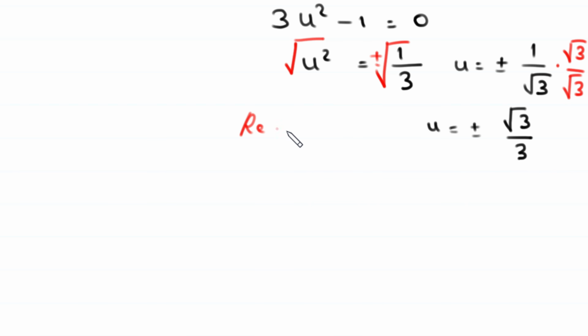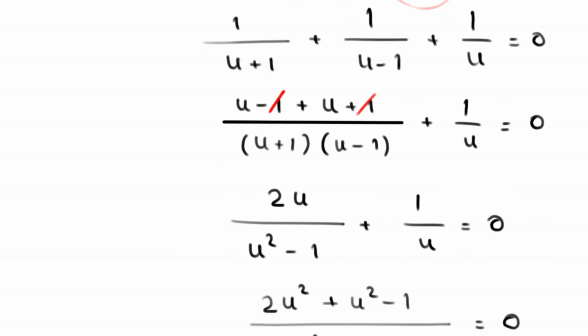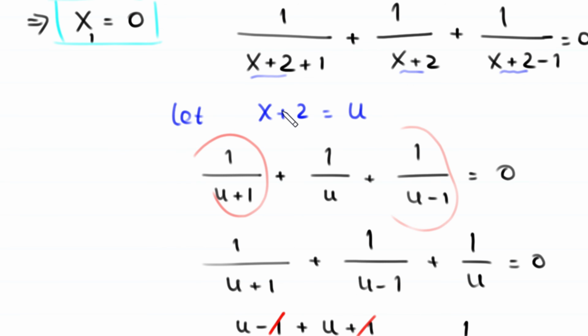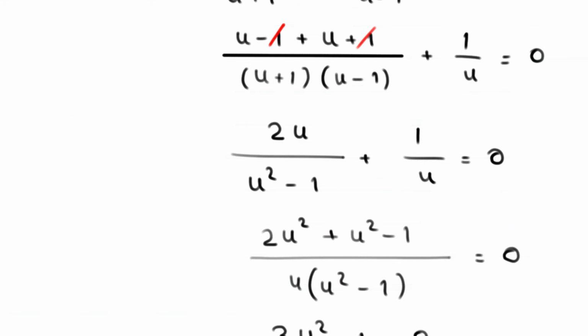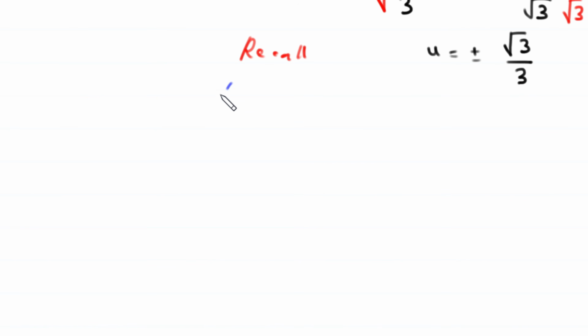Now recall that we supposed x + 2 equal to u. Since u is equal to this expression, x + 2 will be equal to plus or minus root 3 over 3.